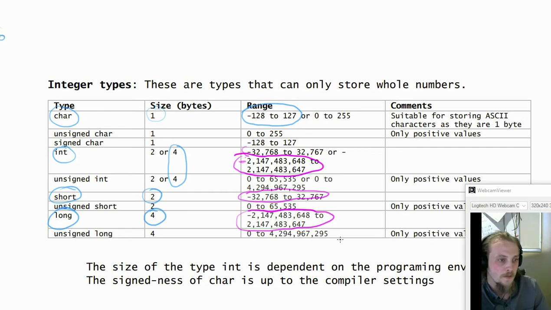Now, a lot of people ask, why don't we just use the largest type always? Well, because we want to be memory conscious, and we don't have infinite memory, so we need to make an informed decision of, okay, I don't need to use this large amount of memory, so I'll just use a short.